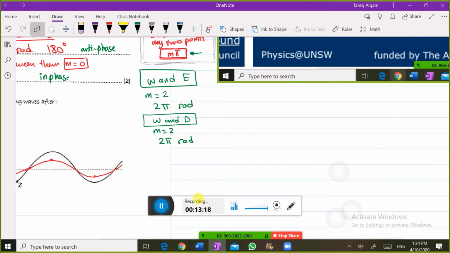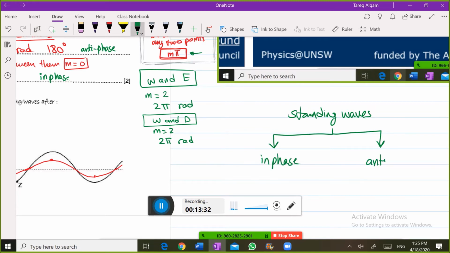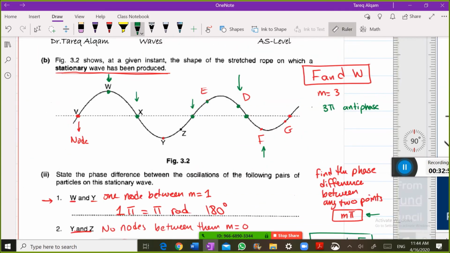In standing waves, either the particles oscillate in phase or antiphase. You don't have any other thing, and these are the possible phases between all the particles along the standing wave. This is if we are asked to find the phase difference between 2 points along the standing wave.